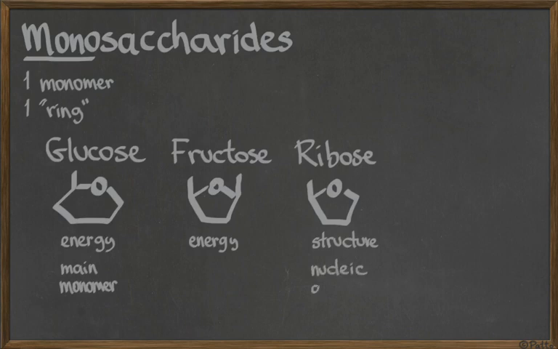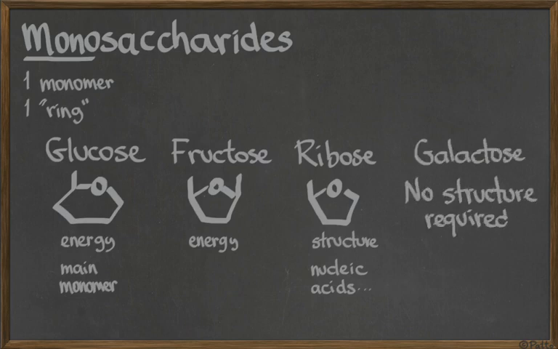And finally, we have galactose. No structure required, because if you look at a galactose molecular drawing, you will guess a glucose, because structurally it's very, very similar to a glucose. The difference is the position of stuff. So there's no necessity for you to learn the structure of galactose because it looks like a glucose.